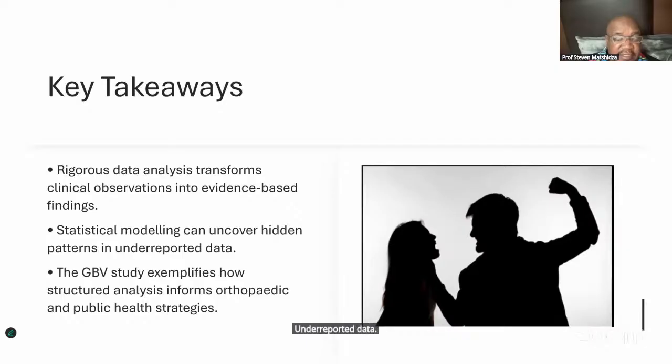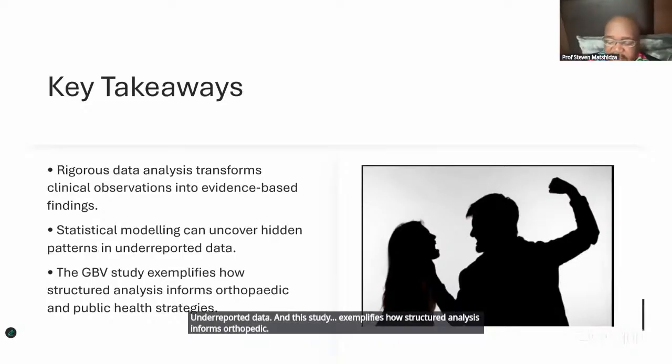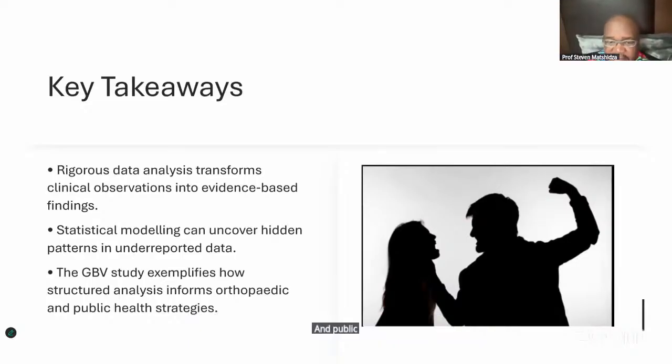And this study exemplifies how structured analysis informs orthopedic and public strategies. And I agree with the previous speaker that your supervisor, you must be very active and will help you as they've gone through the process in the topic that you choose.